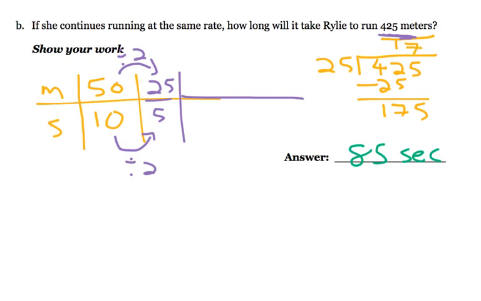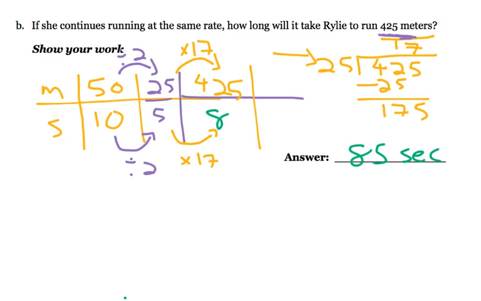That's 17. So I guess one way to solve this problem would be to multiply this ratio by 17. I know already that that's going to be 425 because that's what we just did. And down here, if you multiply 5 by 17, you should end up with 85.